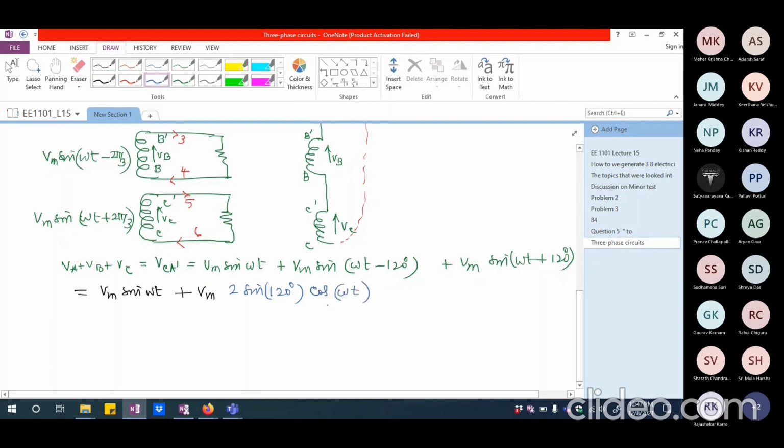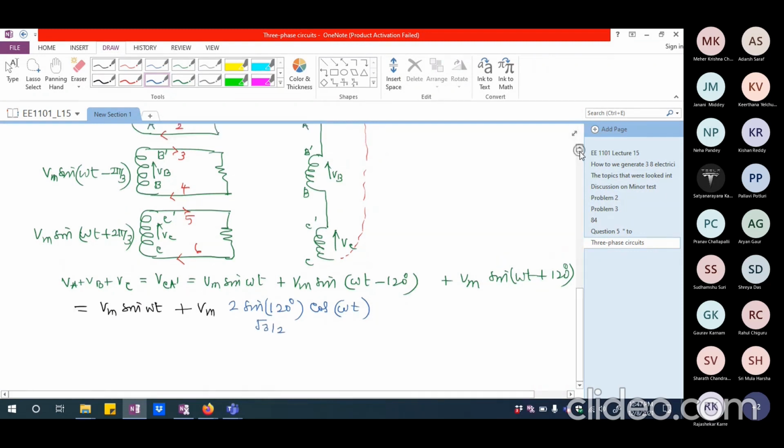This is what I'm going to get, right? Am I correct? So sine of 120 is 180 minus 60, which is going to be root 3 by 2. Or even if I add them vectorially, I can show it this way also.